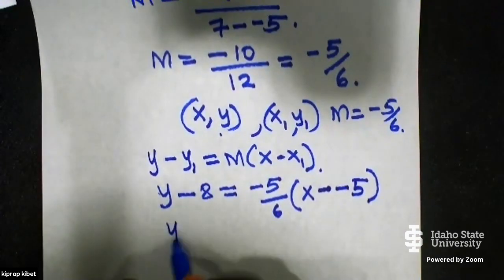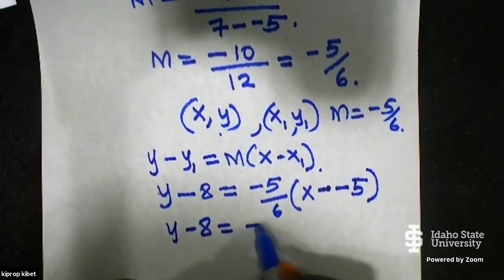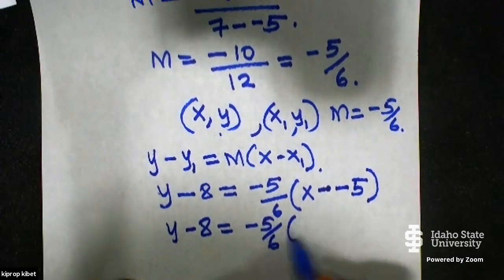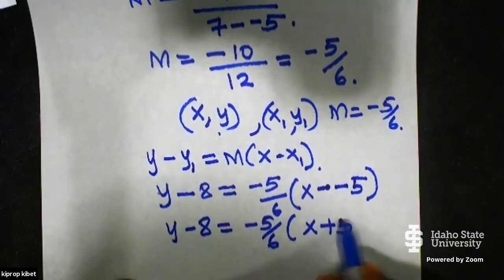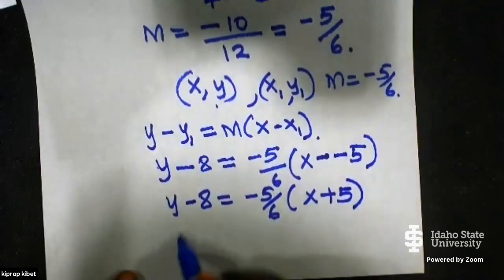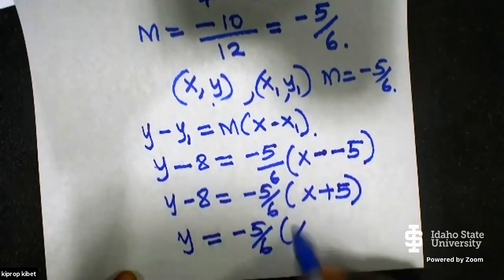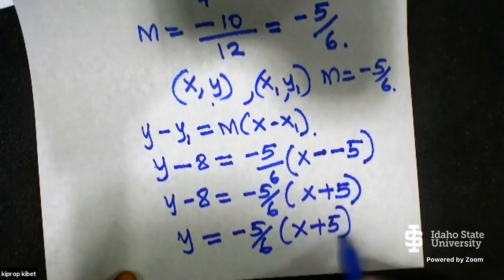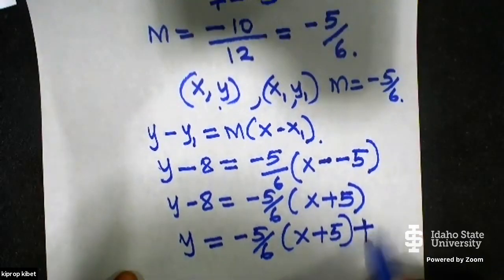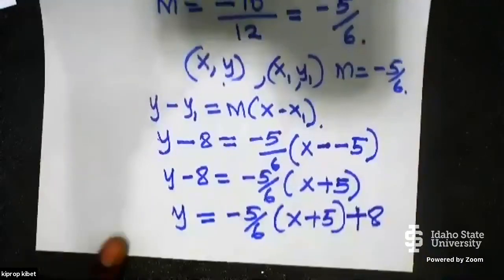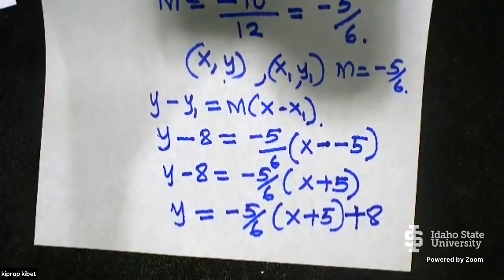So y minus 8 equals minus 5 over 6 times x plus 5. So y equals minus 5 over 6 times x plus 5, plus 8. Then you simplify.